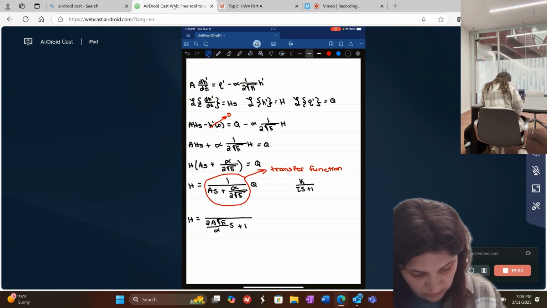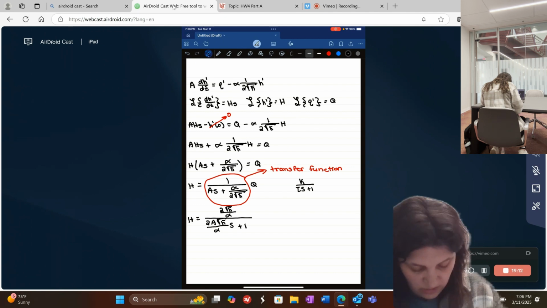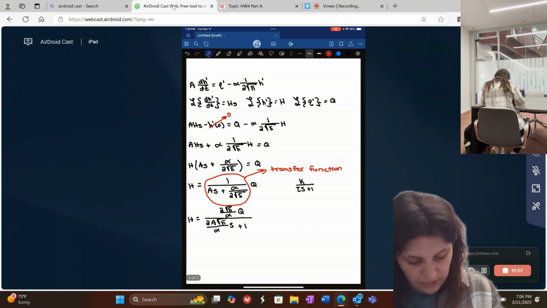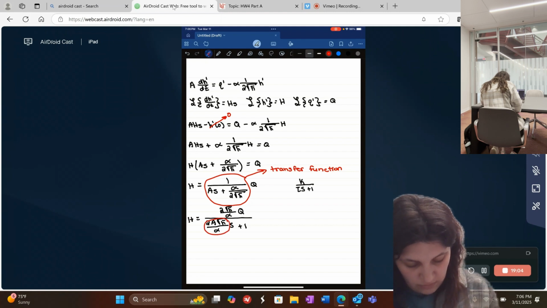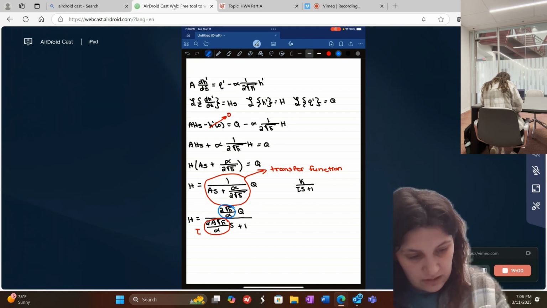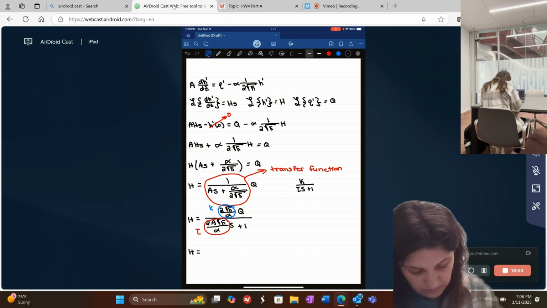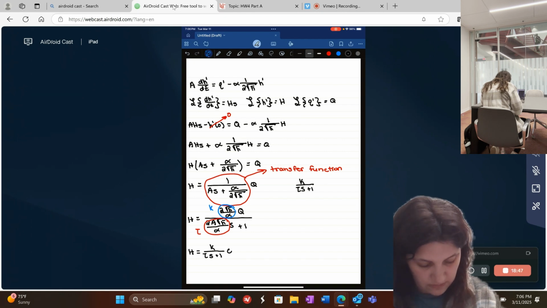And then in the numerator, we just have 2 times the square root of h bar over alpha times Q. And so what we end up with is this term down here being tau, this term right here being K, which leaves our transfer function being K over tau s plus 1 times Q.